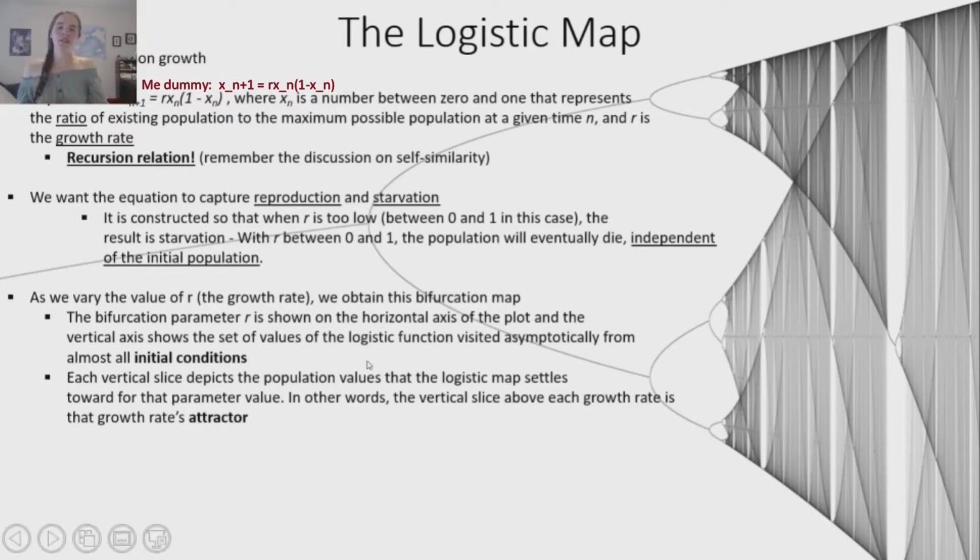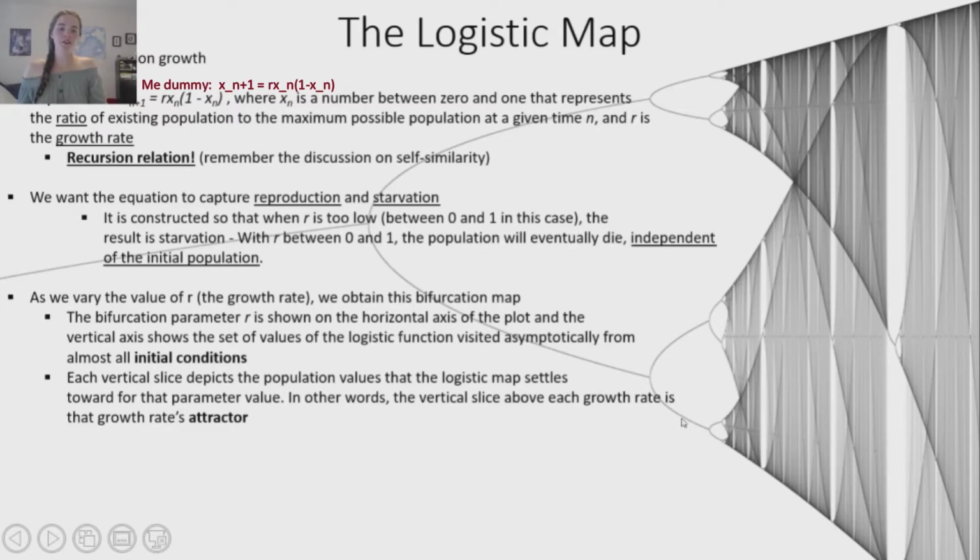So each vertical slice depicts the population values that the logistic map settles toward for that parameter value. In other words, the vertical slice above each growth rate is that growth rate's attractor. So if you have your growth rate here, the value for r here, we can see that the values for this recursion relation in general settle between these two values right here.